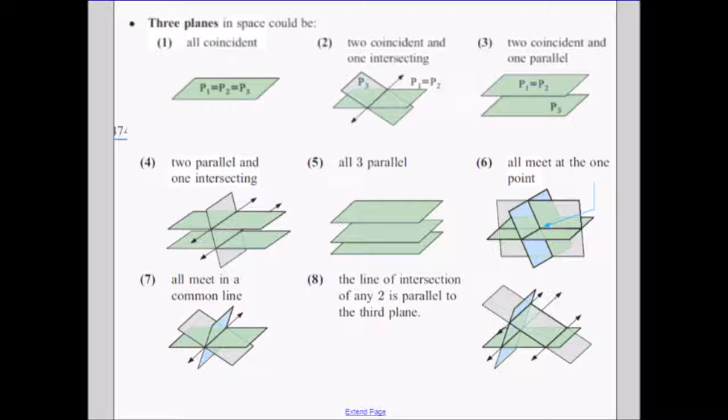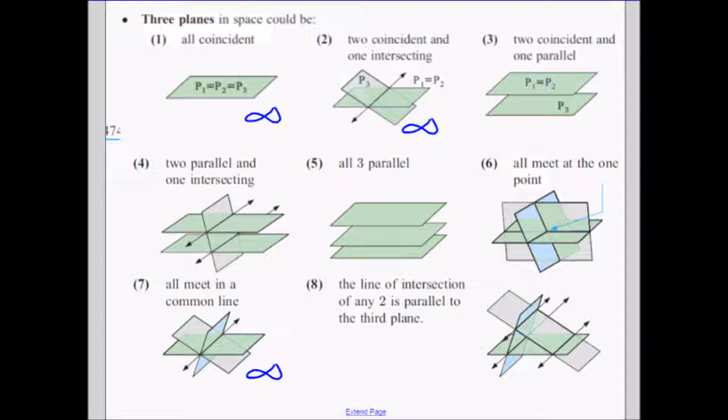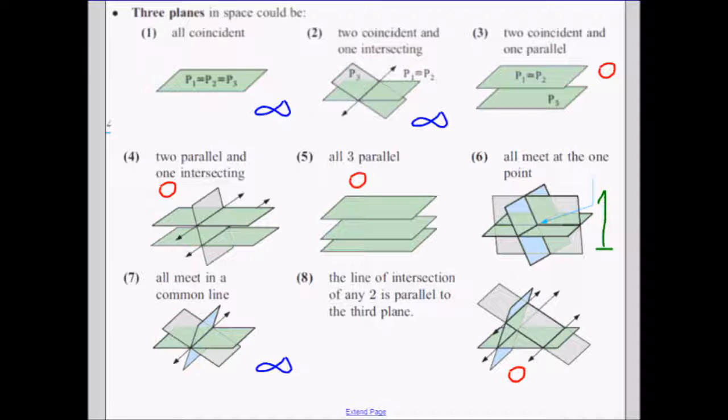So it doesn't take a lot of imagination to figure that in these ones there are infinite solutions, and in these ones, the red ones, there are 0 solutions to the system. And in chapter 3 we called that an inconsistent system.